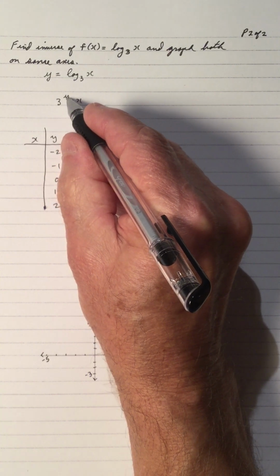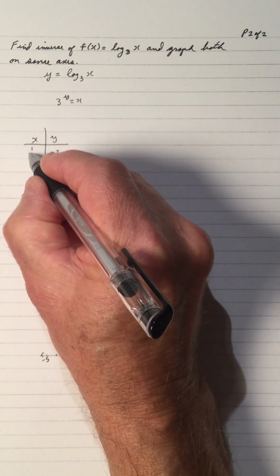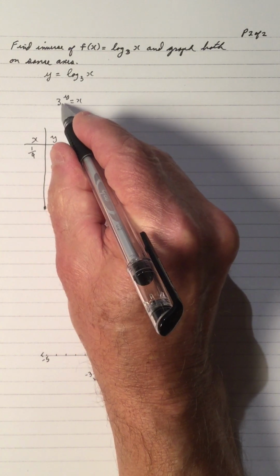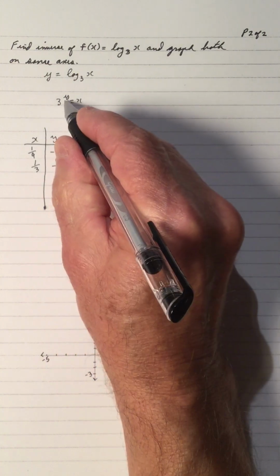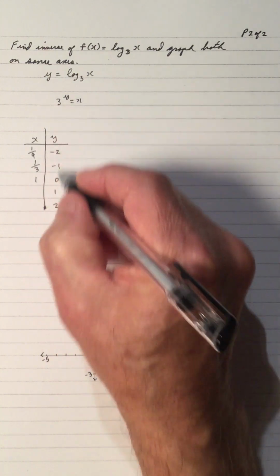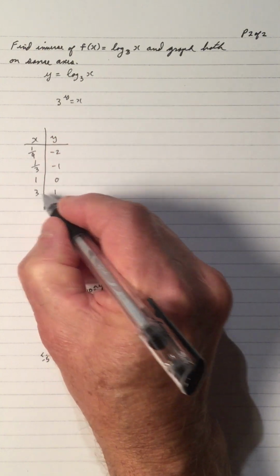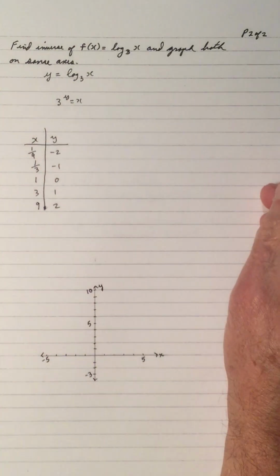So 3 to the -2 is 1 over 3 squared, 1/9. When y is -1, 3 to the -1 is 1/3. 3 to the 0 is 1. When y is 1, 3 to the 1 is 3. When y is 2, 3 squared is 9.